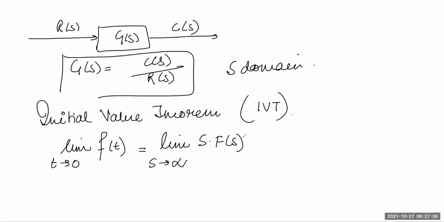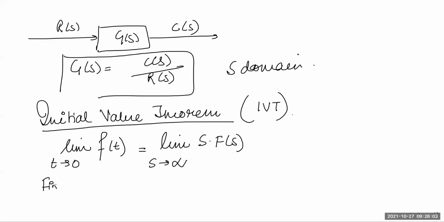You don't need to prove the theorem. You just have to memorize that if we are talking about the initial value theorem, or if anywhere we have to apply this theorem, then this is the equation. So limit of f(t) as t tends to 0 is the limit of S F(S) as S tends to infinity. This is my initial value theorem.